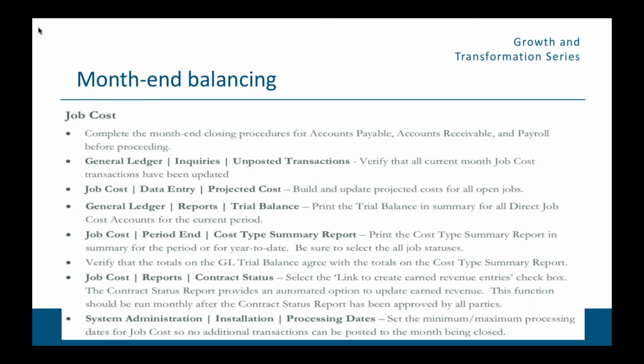And then in job cost under period end, there's a cost type summary report. So it would list by cost type how many dollars are on the jobs by those cost types. And you'd want to make sure that it agrees to the general ledger for the GL accounts that are tied to those cost types.